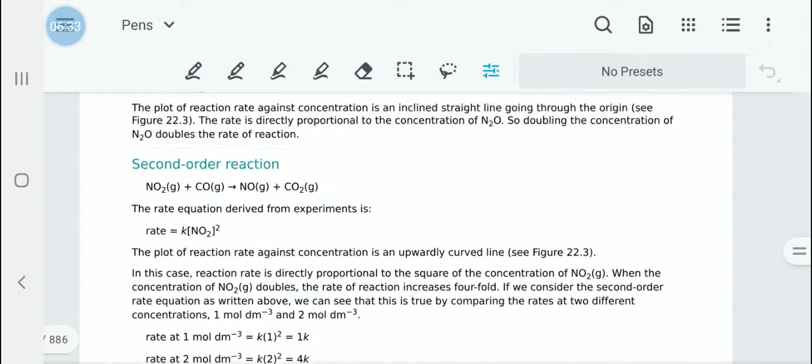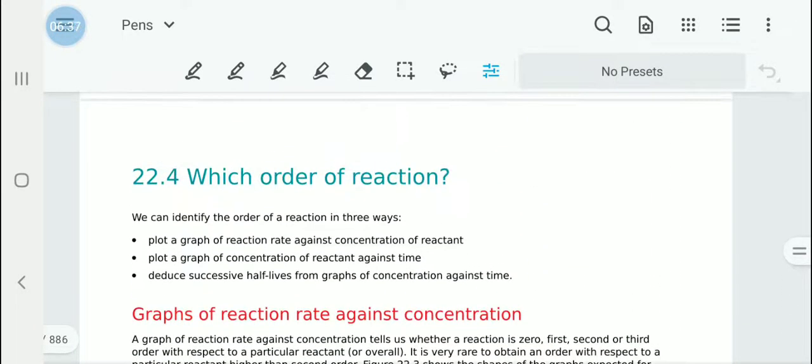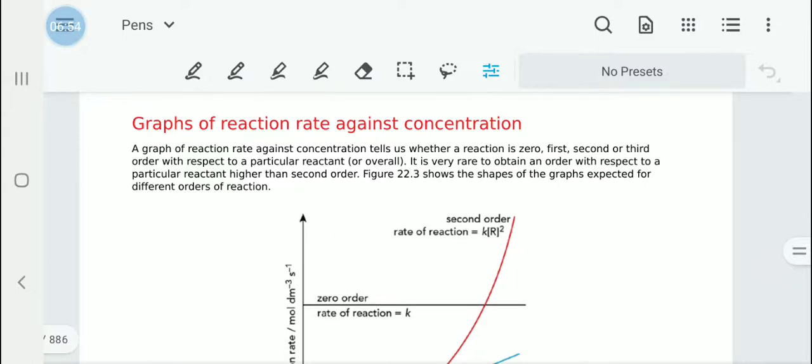You will have to do question number 4, but before that, let's write down a note on this. Write down: the order of a reaction can be identified in 3 ways. Number 1, plotting a graph of reaction rate against concentration of reactant. We will write the note about that first, and then we'll go to the second one.